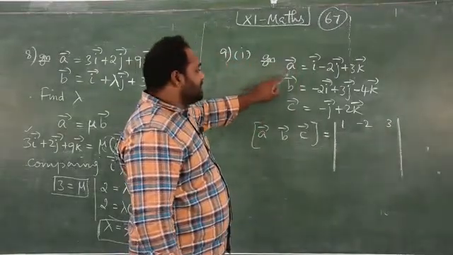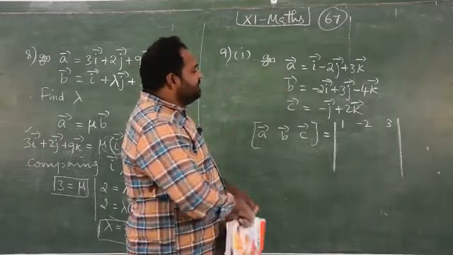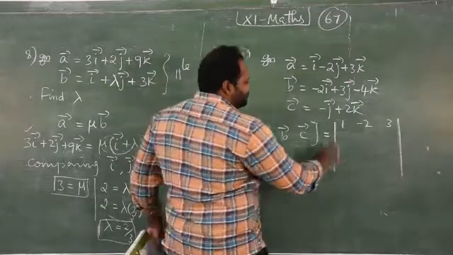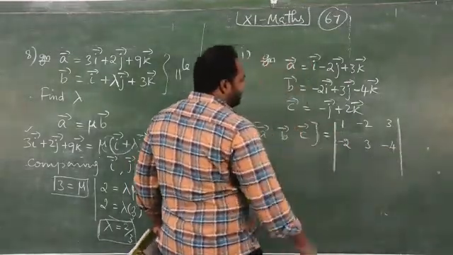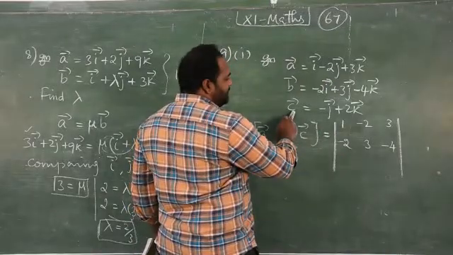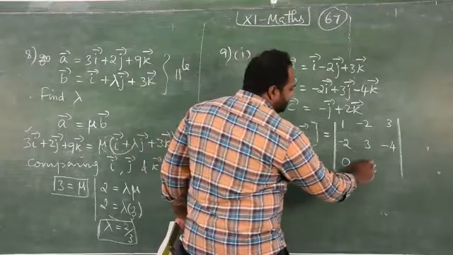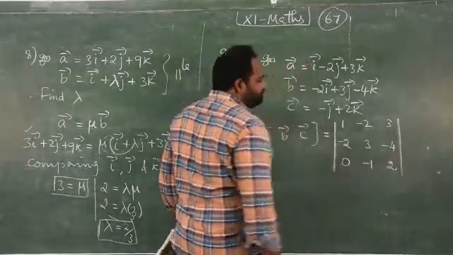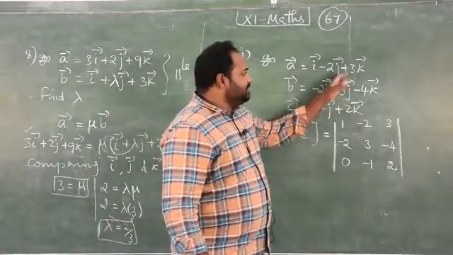vector A. Next, the second row is taken from the B vector, the coefficients of i, j, k. So minus 2, 3, minus 4. Next, the third row is taken from vector C. Here 0, minus 1, 2. So you have to know how to take the values from the given vectors.